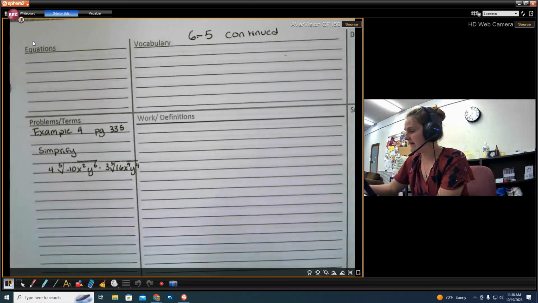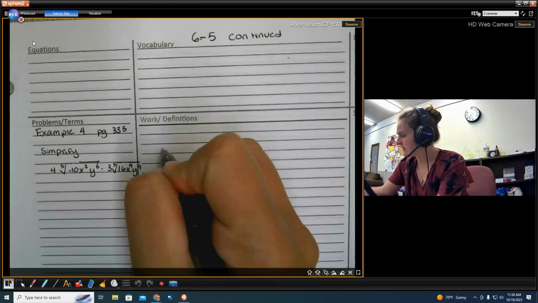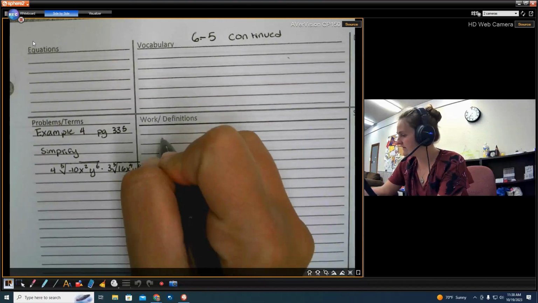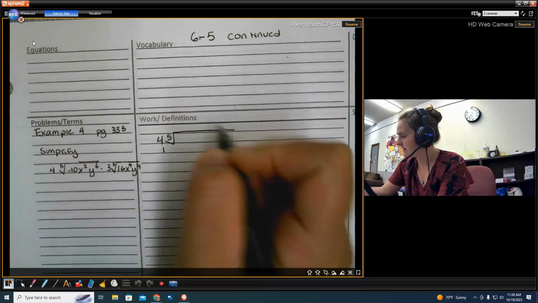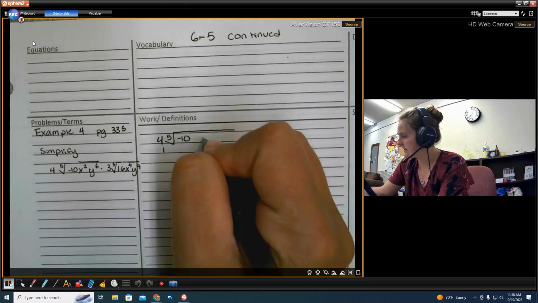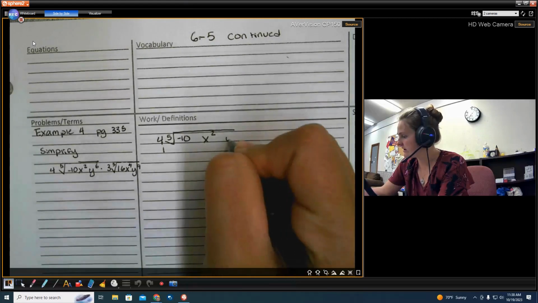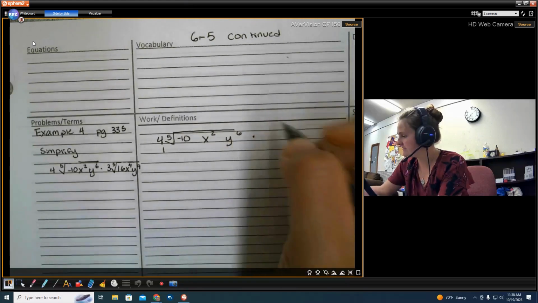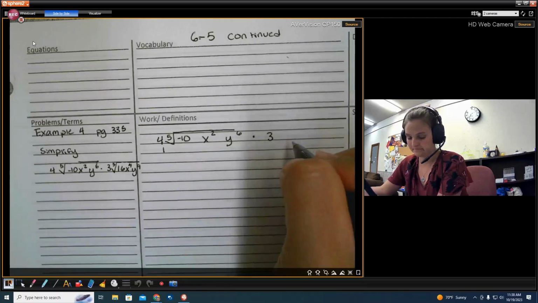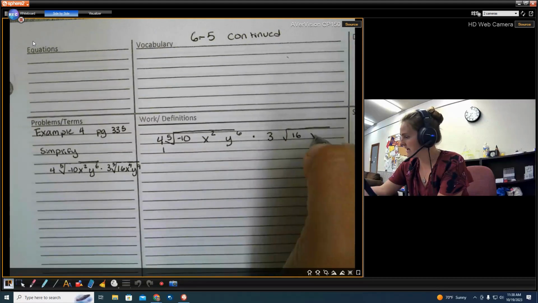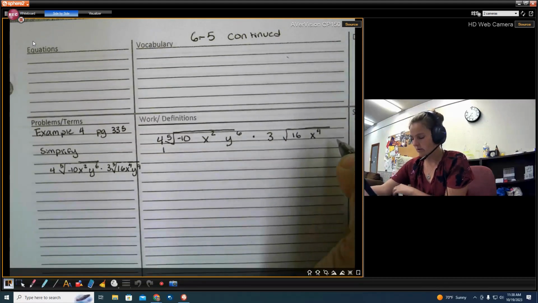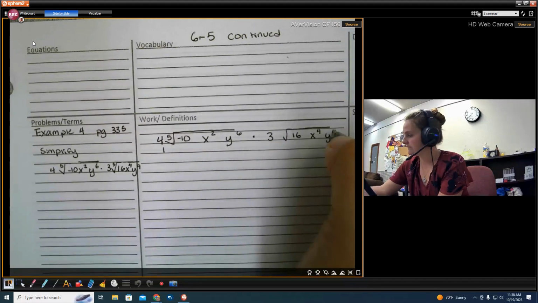So we're going to rewrite that on this side. So let's see, 4 times the 5th root of negative 10 x squared y to the 6th times 3 radical 16 x to the 4th y to the 4th.